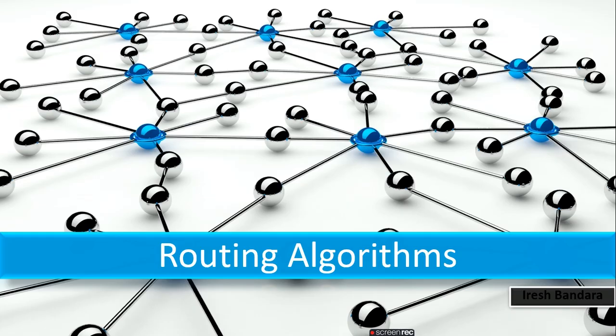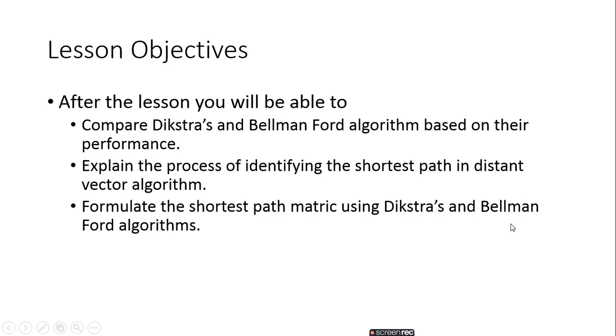A couple of things that you need to understand: a routing protocol is like a piece of software. For example, it has code. It should have an algorithm, that means a basic way of working. So this is what you're going to look at.